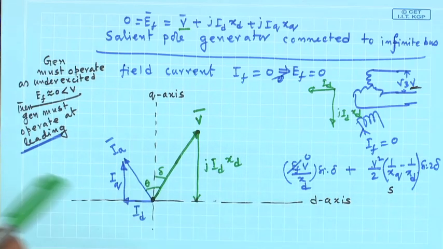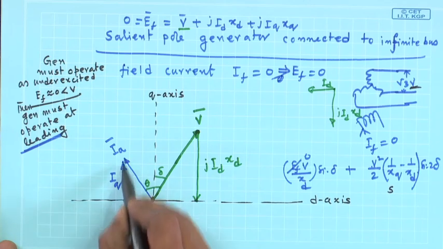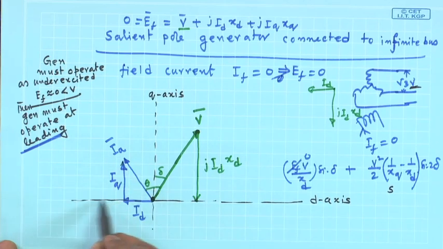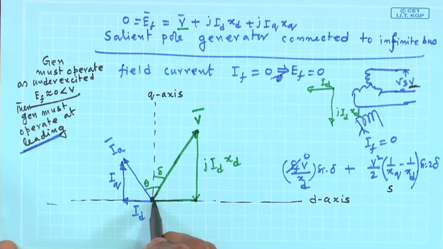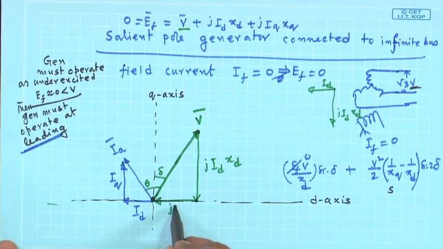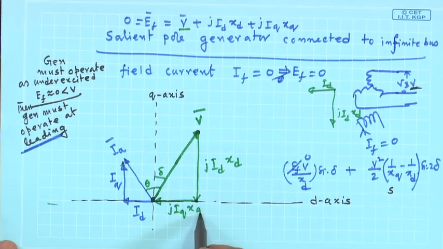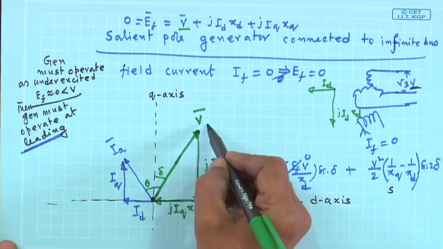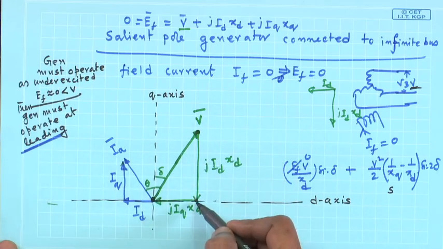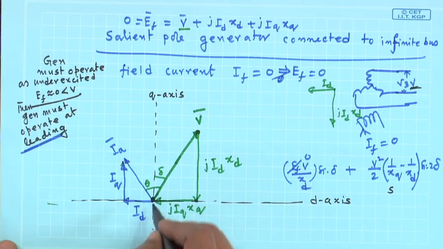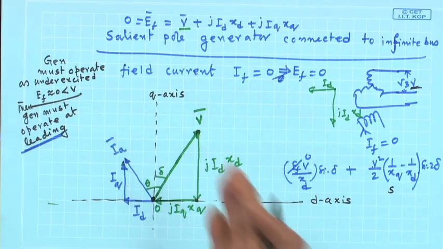Then j IQ XQ. IQ is this way, so j IQ XQ is to the left. Therefore, this is j IQ XQ. So, V plus j ID XD plus j IQ XQ must end up at this point O, because EF has to be 0.